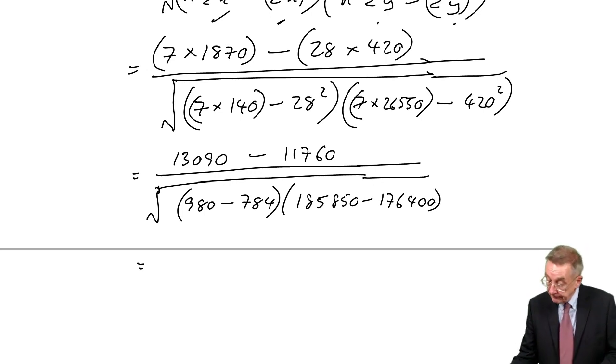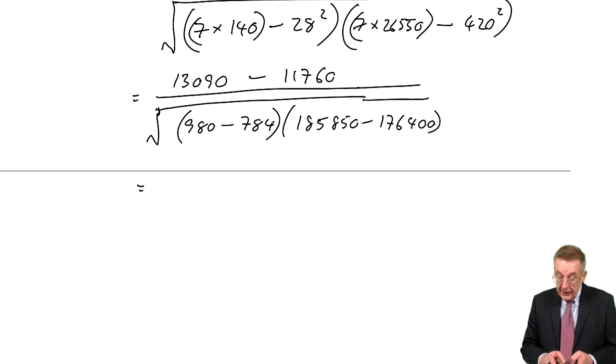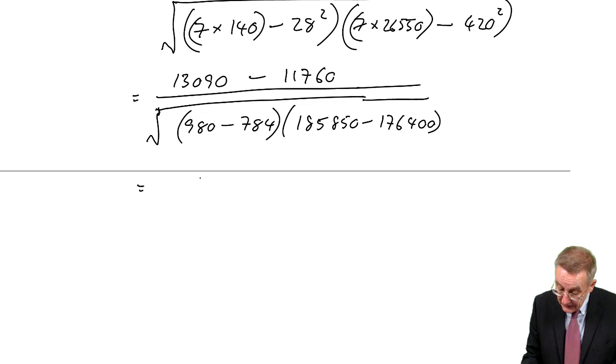We're all okay so far. So the top bit's now easy enough. The numerator, 13,090 minus 11,760, is 1330.